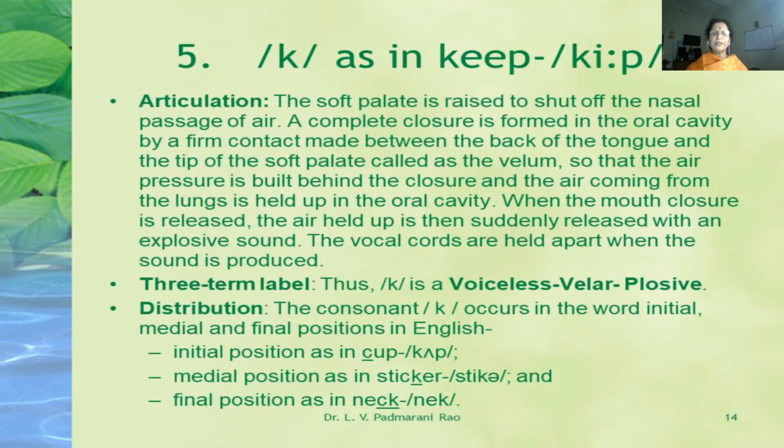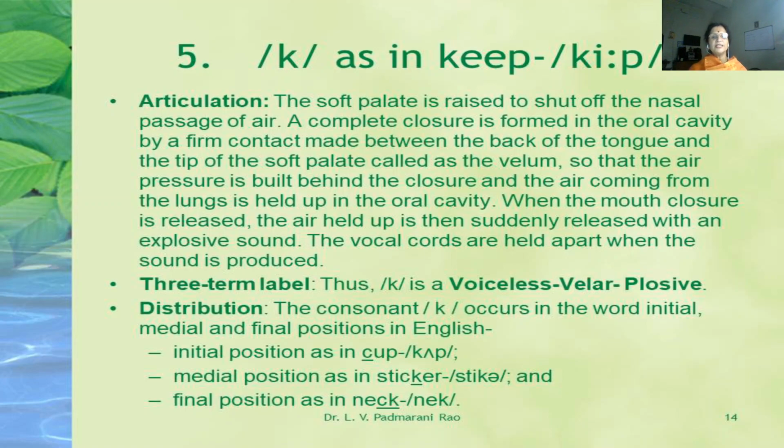So the air pressure is built behind the closure and the air coming from the lungs is held up in the oral cavity for some time. When the mouth closure is released, that is when the back of the tongue, which is the active articulator, is released from the passive articulator, which is the soft palate or the velum, the air held up is then released suddenly with an explosive sound, and hence it is called plosive.